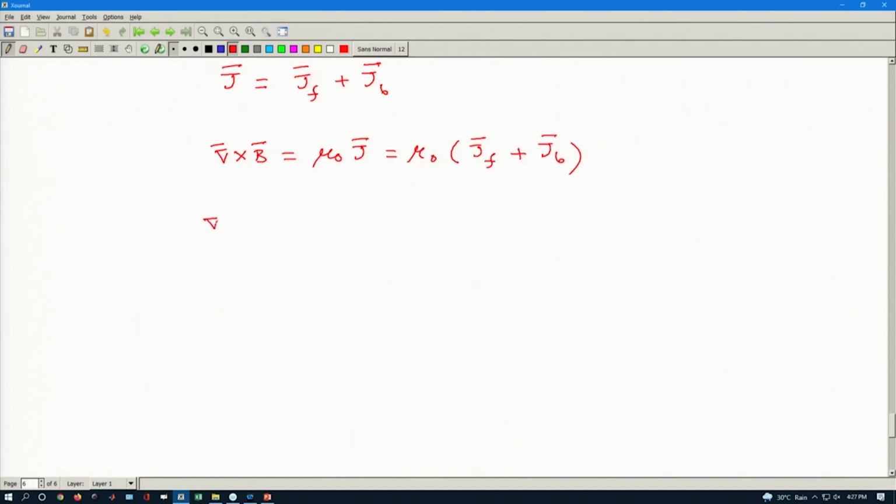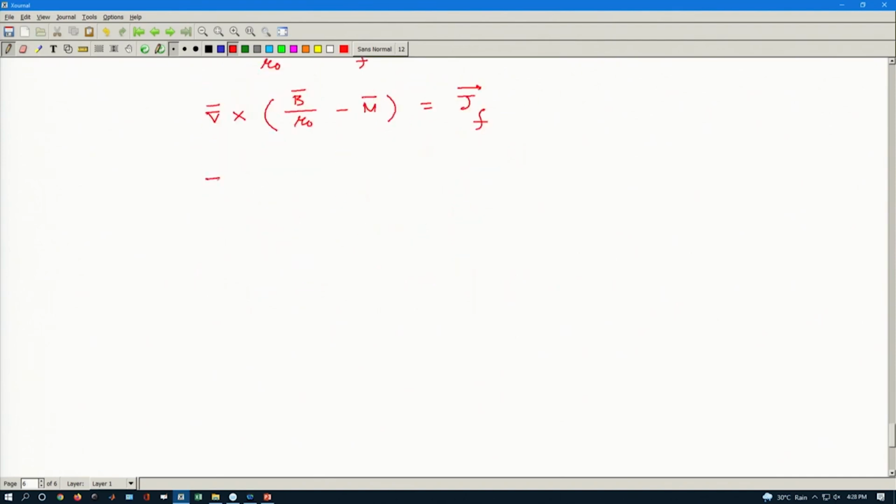Then I can have curl of B divided by mu 0 equal to J free plus curl of M, because JB is curl of M, and I can have an expression like curl of B by mu 0 minus M is JF, or I can have curl of H is equal to JF.